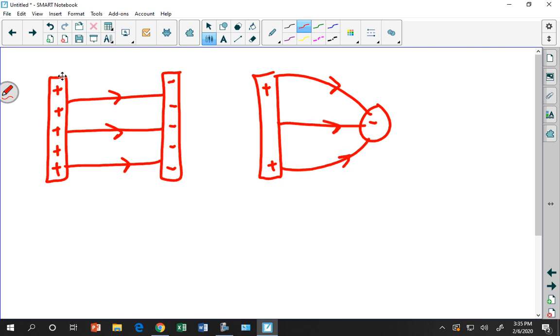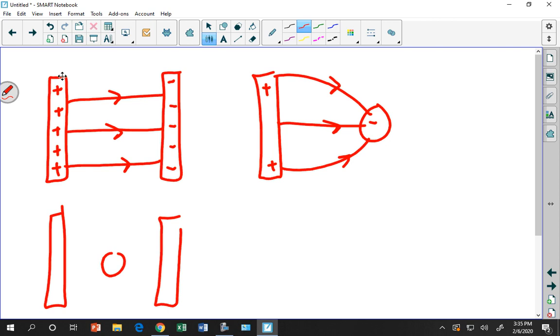I'll be looking that the lines are drawn in the right direction from positive to negative. If I have one that looks like this, positive, negative, I get an induced charge here. So my field lines go in there, out there like that.